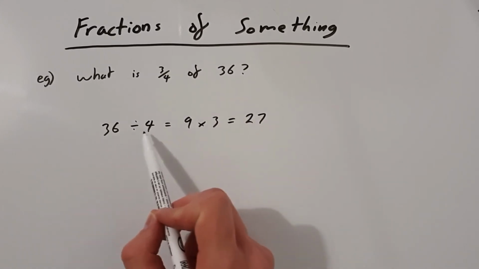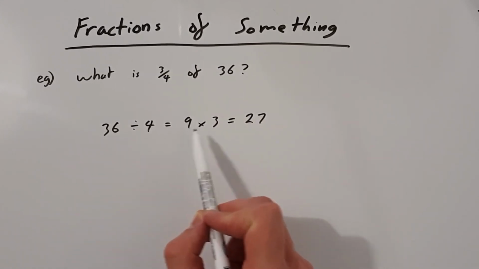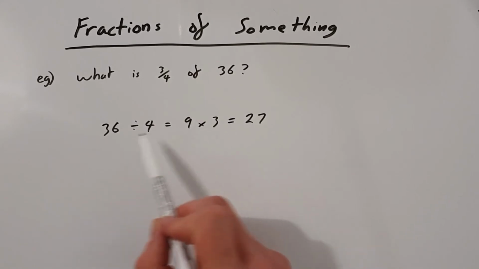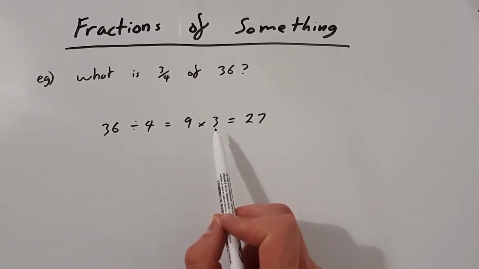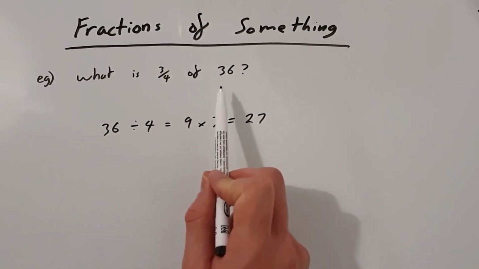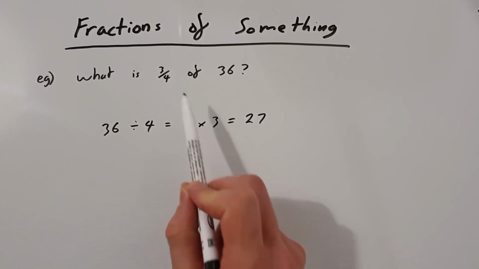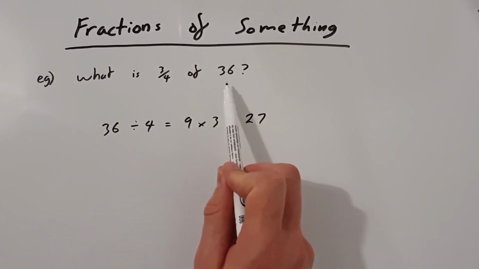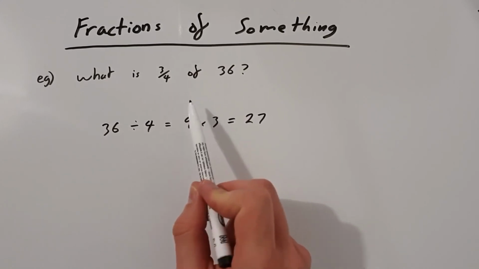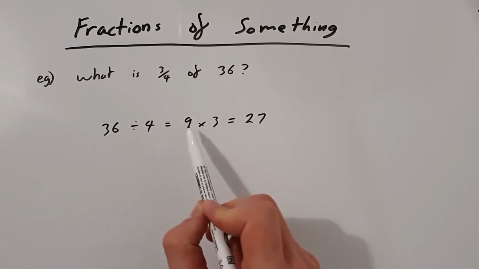You divide by the denominator, and then multiply by the numerator. You could do it the other way around, actually. It doesn't matter. You could multiply by 3 and then divide by 4, but I don't think anyone wants to do 36 times 3 and then divide that by 4. It's much easier usually doing it the other way around.